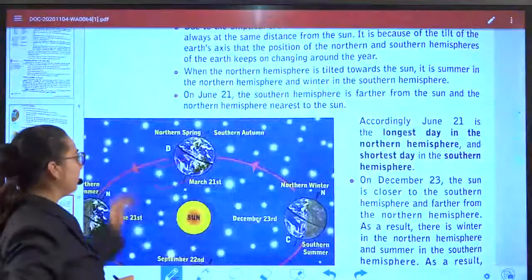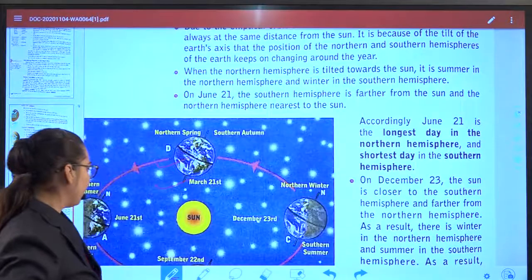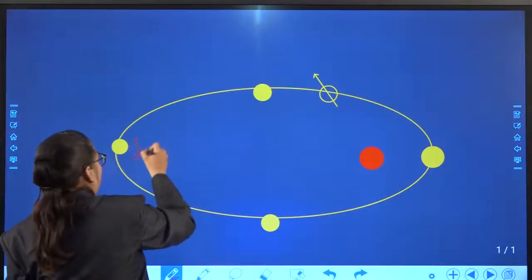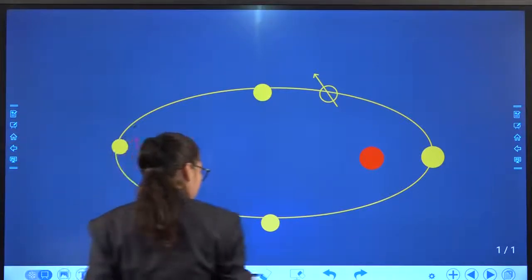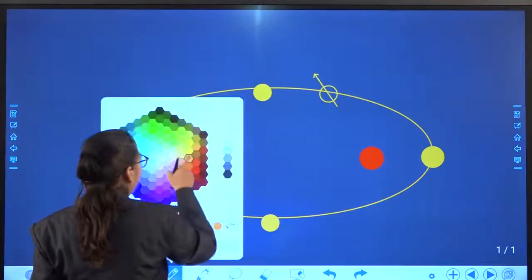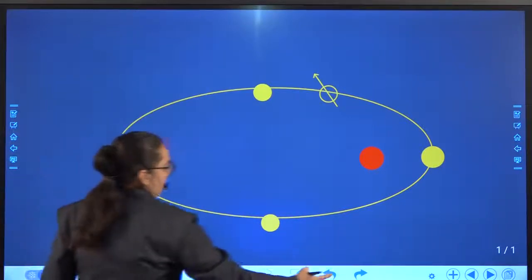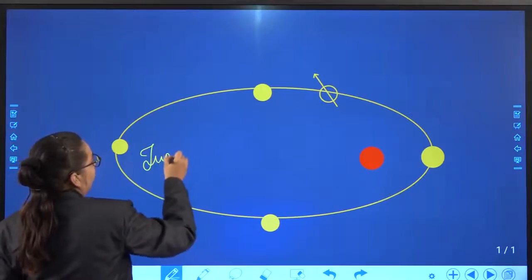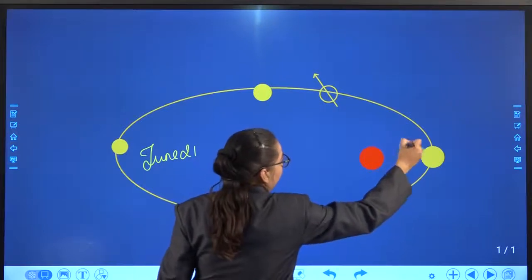Look at the diagram. This one, June 21, December 23. I suppose it's not visible. June 21, December 23.